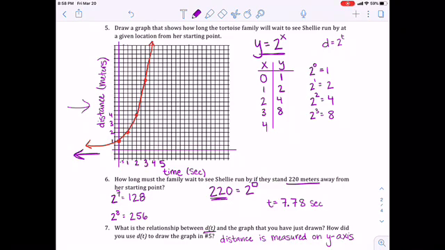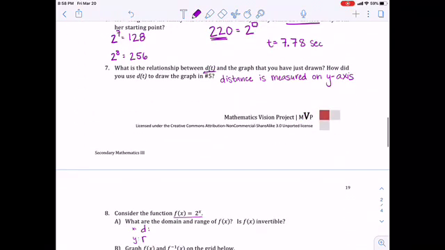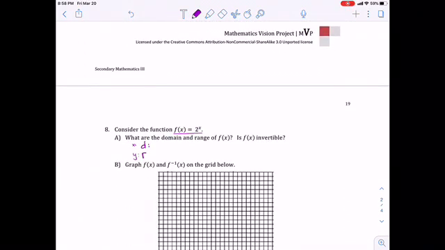It's never going to stop going left. And it also is going to continue going to the right forever as well because it goes up, but notice how it also very slowly is heading to the right. So my domain then is going to go from negative infinity until positive infinity.